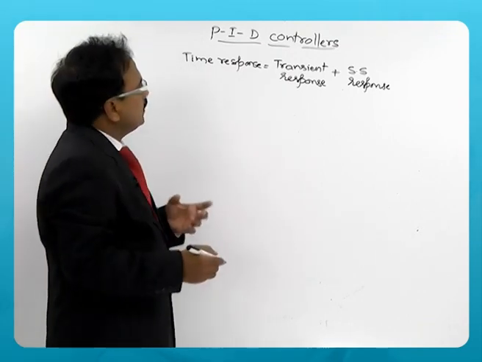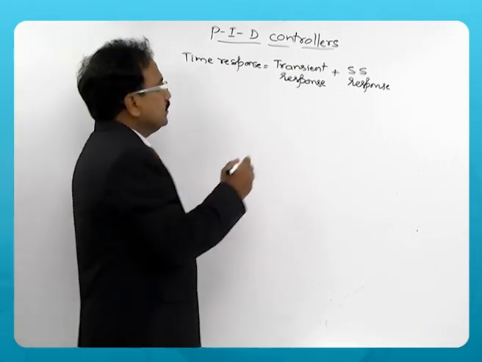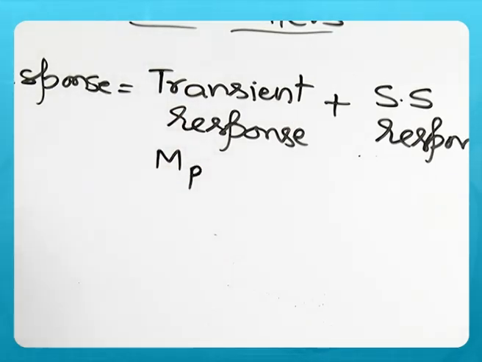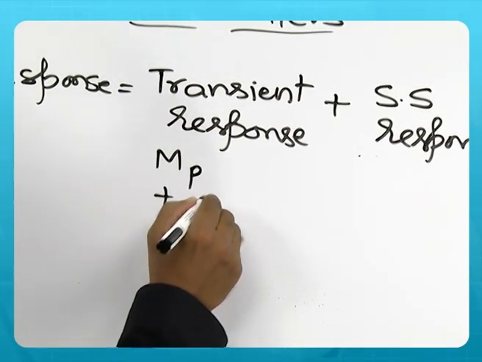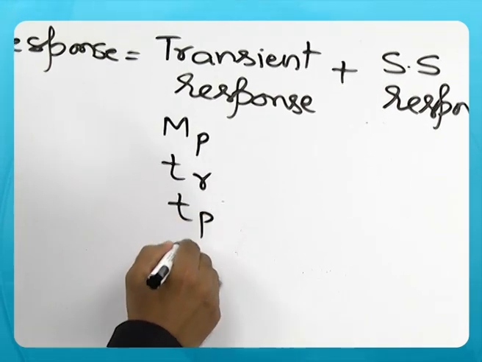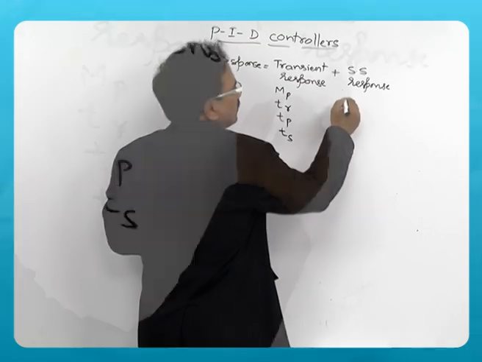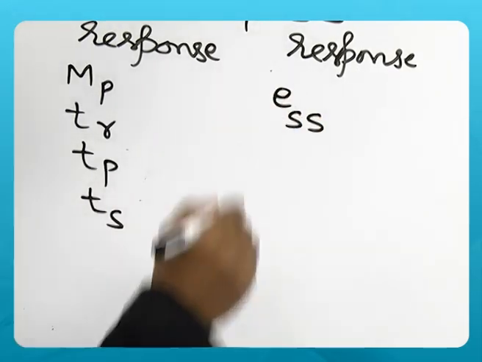The various parameters in the transient response are peak overshoot, rise time, peak time, settling time, and in the steady state response you have steady state error.